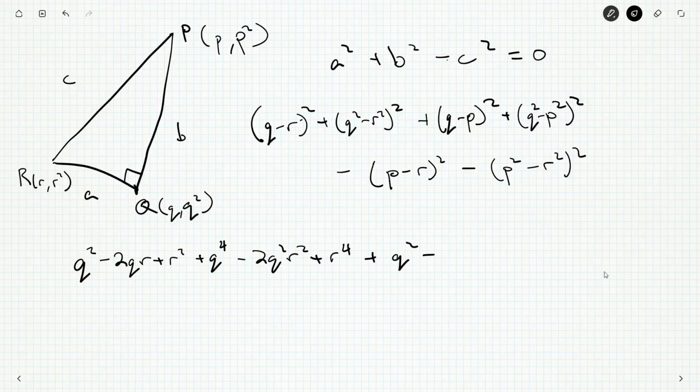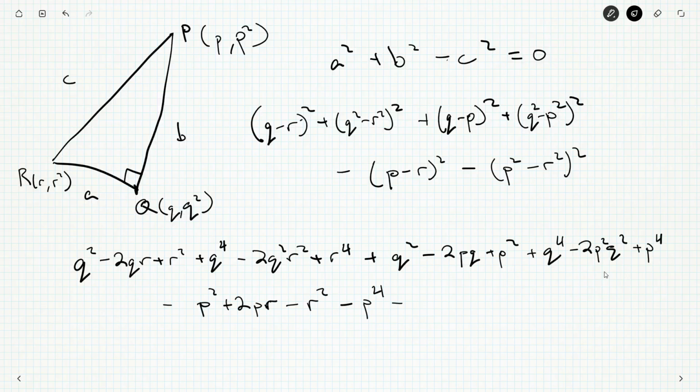Q squared minus 2pq plus p squared plus q to the fourth minus 2p squared q squared plus p to the fourth minus p squared plus 2pr minus r squared minus p to the fourth plus 2p squared r squared minus r to the fourth.